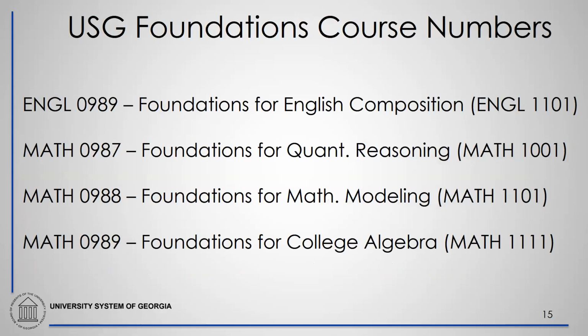And then there are separate course numbers for the foundations ones. So the foundations for English 1101 is English 0989, and there is a similar pattern for the math, where there's a specific number that every institution uses to designate their foundations class for the different Gateway classes.